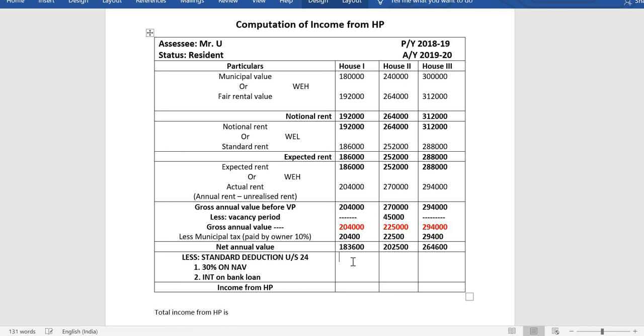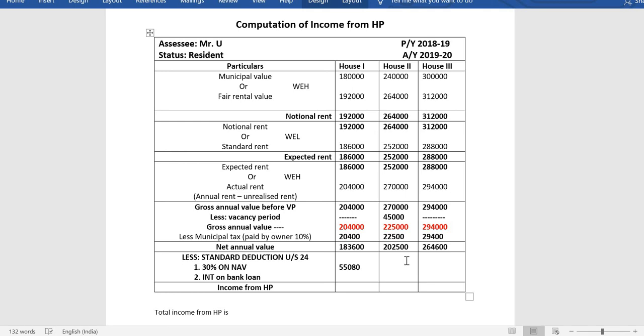Now we need to do the standard deductions under section 24. The first one is 30% on NAV. So 30% deduction on NAV. Just calculate 30% on this 1,83,600. You will get 55,080 rupees.